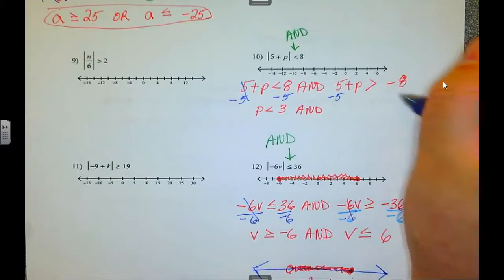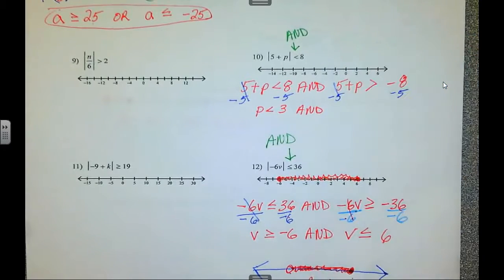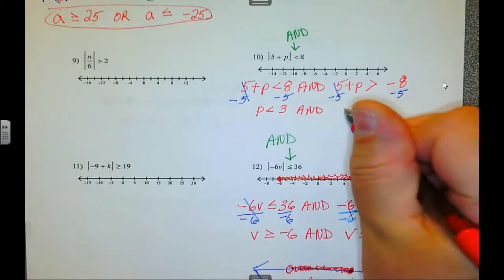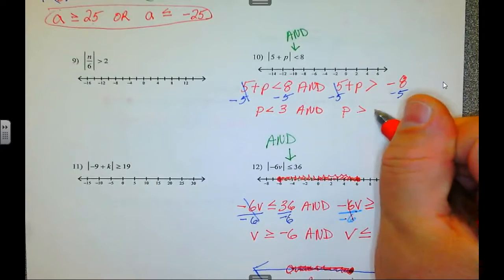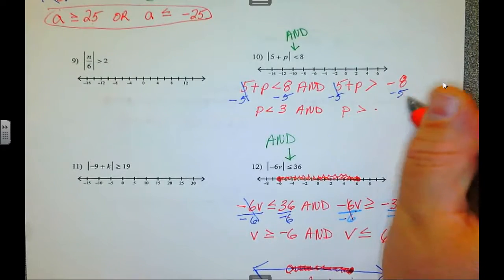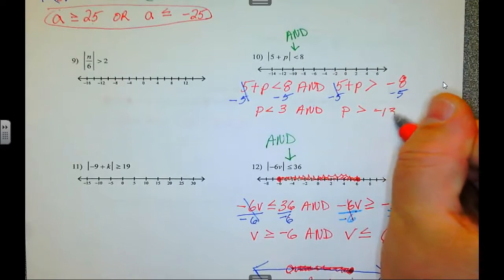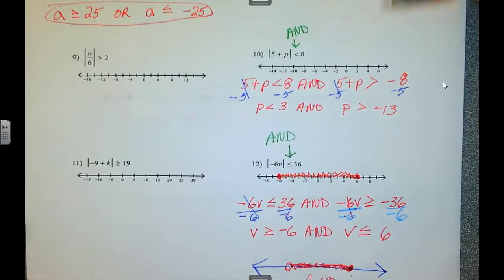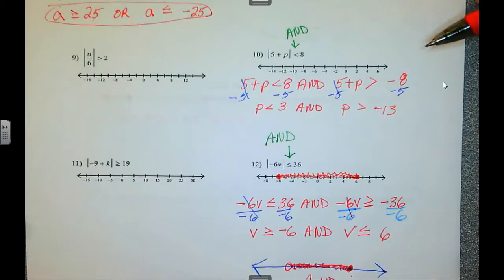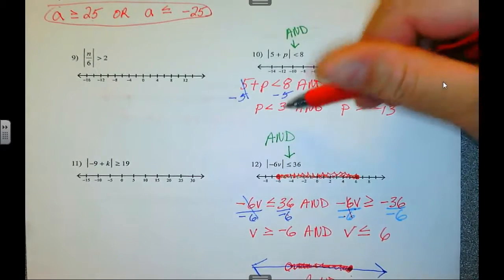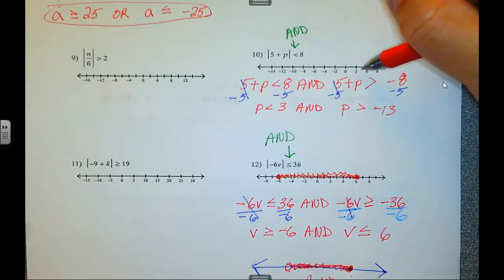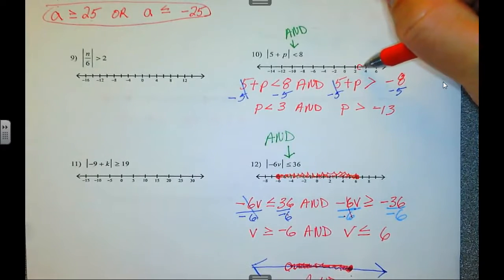subtract 5, P is greater than -8 minus 5 is -13. Okay, open or close circles. Open at 3. Ooh, I'm going to have to go in between.